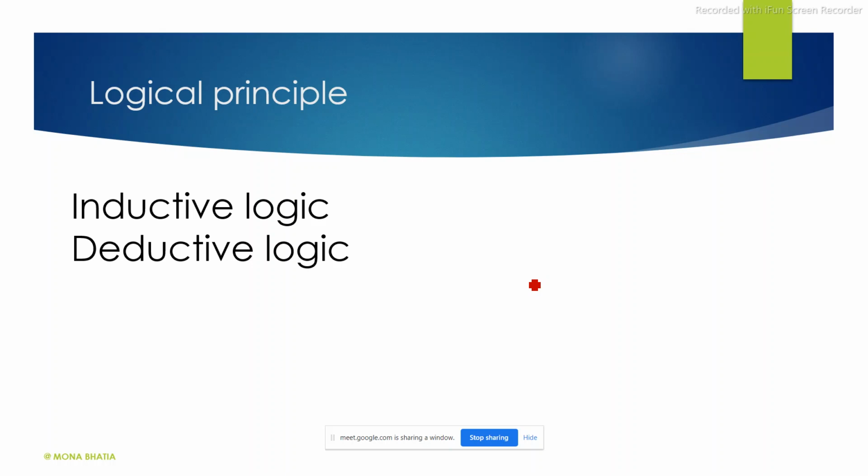On the other hand, deductive logic, once the inductive process is established, we draw conclusion. We deduce. Deductive means deduction. We draw conclusion from what we have already learned from the inductive logic. If we have proved something by employing the inductive process, we can make a deduction.